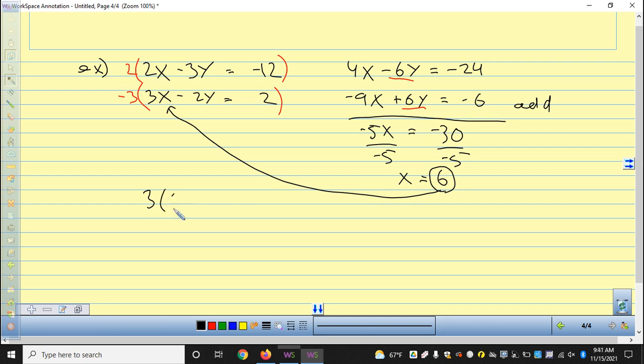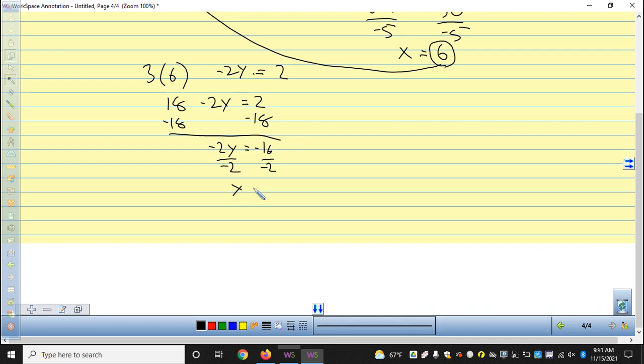So I get 3 times 6 minus 2y equals 2. 3 times 6 is 18. Minus 2y equals 2. Subtract 18 from both sides. Negative 2y equals 2 minus 18 is negative 16. Divide by negative 2. And I get y equals 8. And my solution is the point (6, 8).